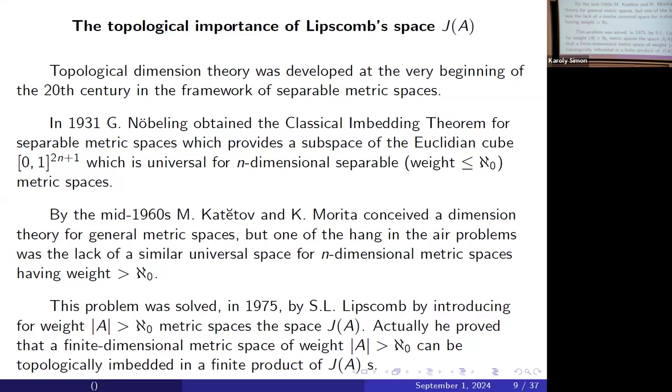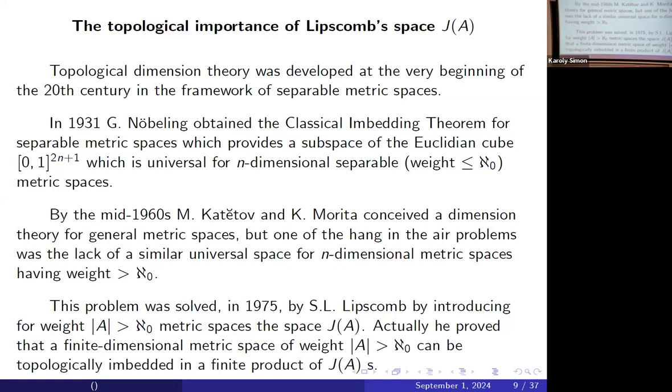But later on, Katetov and Morita introduced a dimension theory for general metric spaces, which are not necessarily separable. But one problem that was unsolved until 1975 was the lack of a similar universal space for n-dimensional metric spaces which have weight greater than Aleph 0.